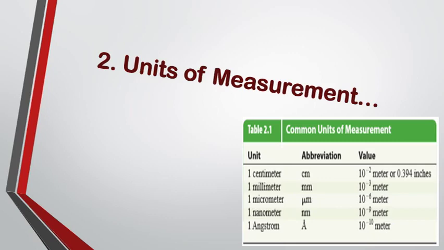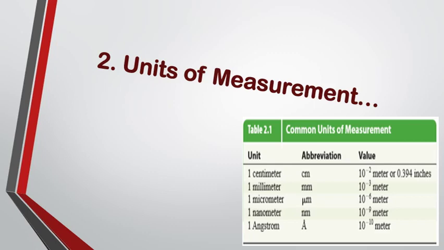Now here we have the second part of this lecture, units of measurement. In our daily life we use different units of measurement, depending upon the physical or practical usage of the item or subject.